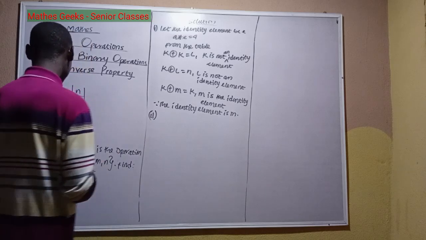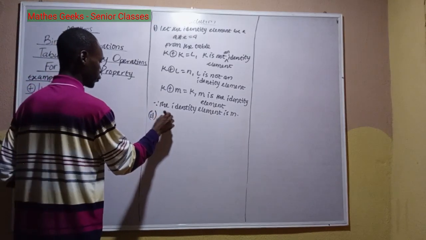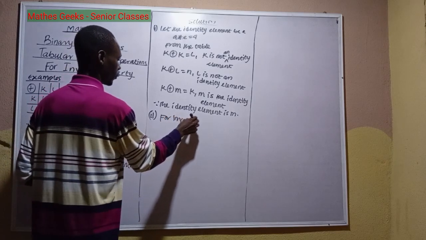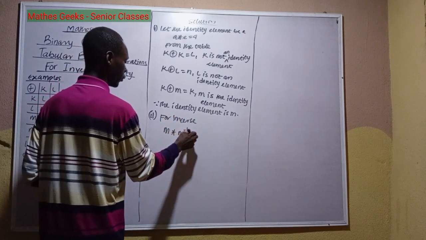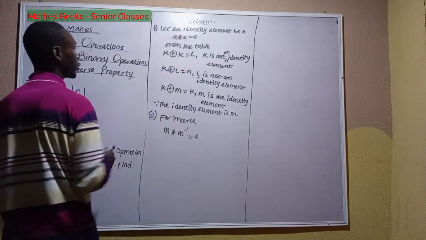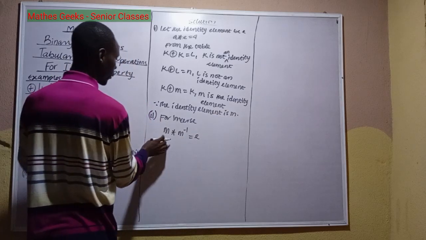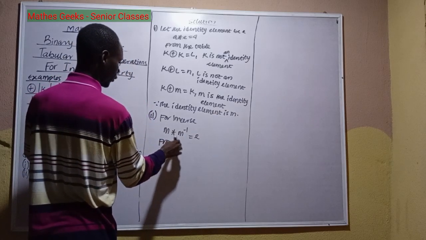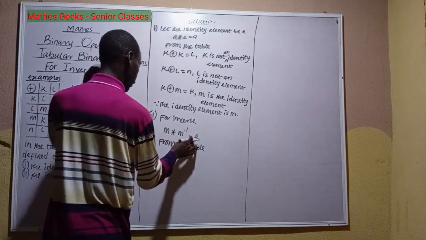So for the inverse of N, N operation N gives us E, where E is the identity element, which in this case is also N. So from the table, N operation what will give us N?